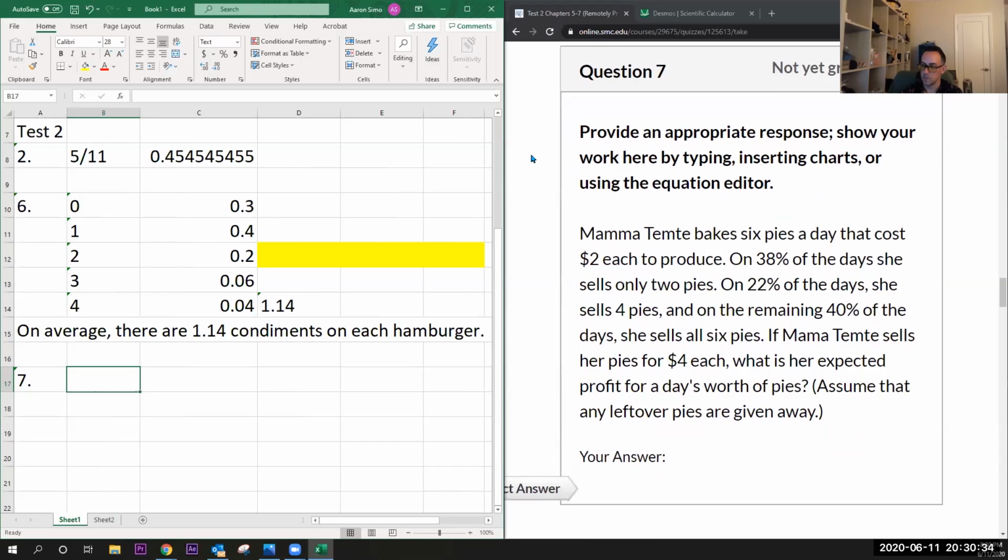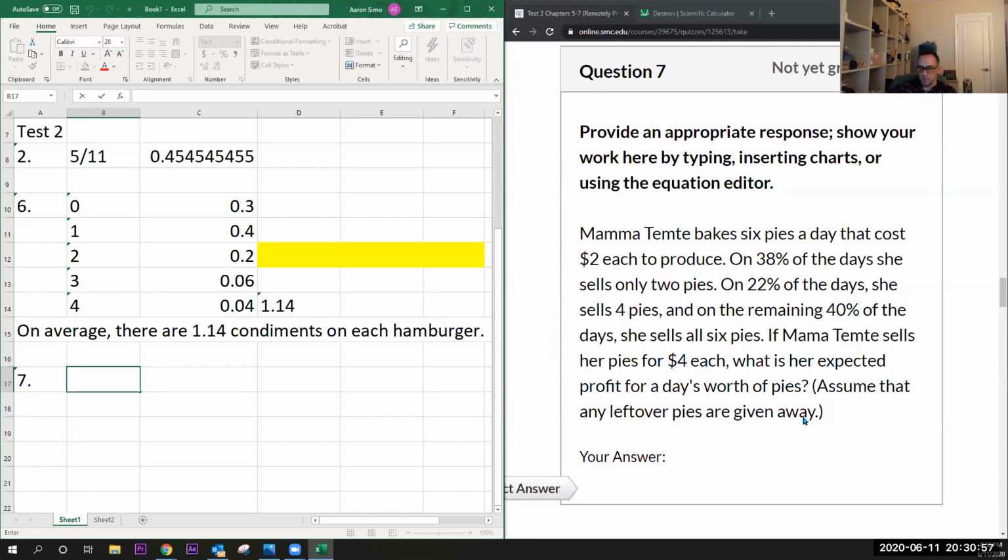Okay, this is where we need to spend probably 5 to 10 minutes because these questions can be pretty hard. Anybody know the theme of this question? It says, Mama Tempty bakes 6 pies a day that cost $2 each to produce.